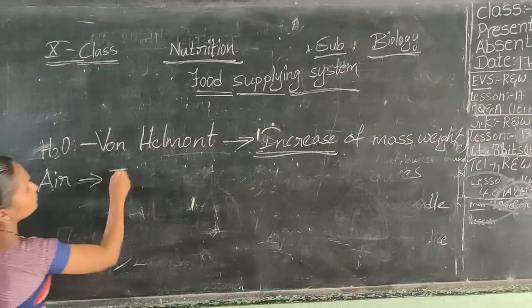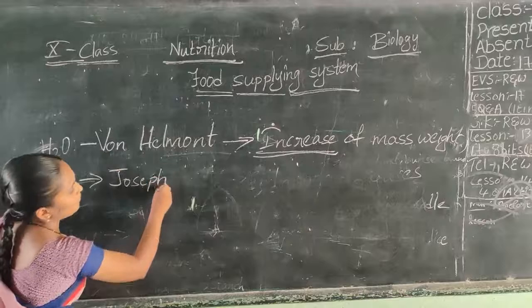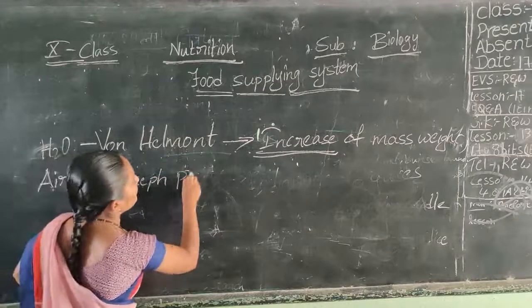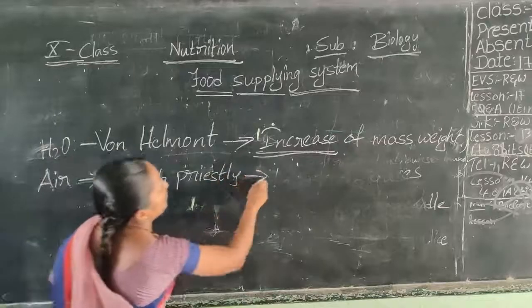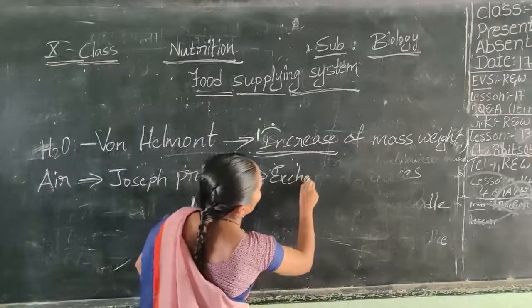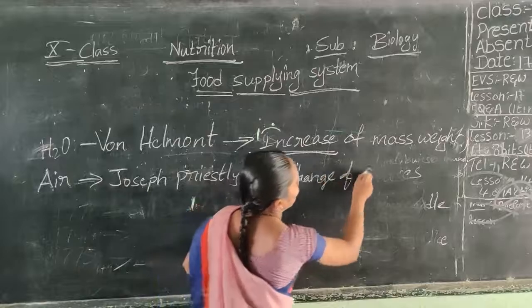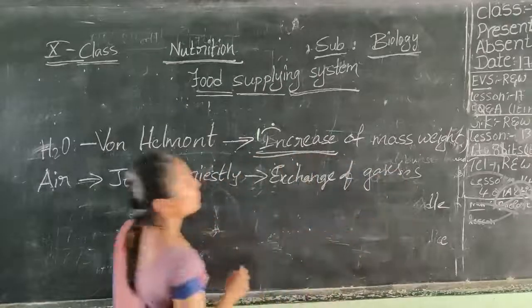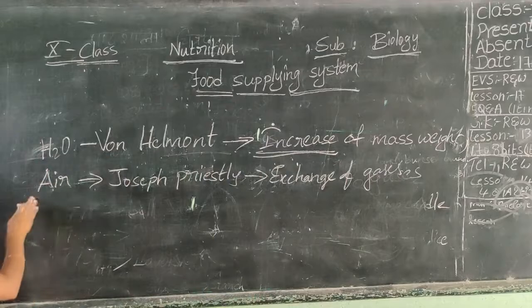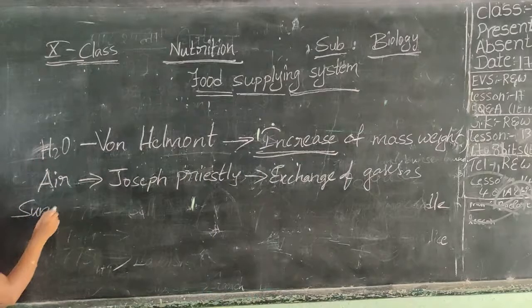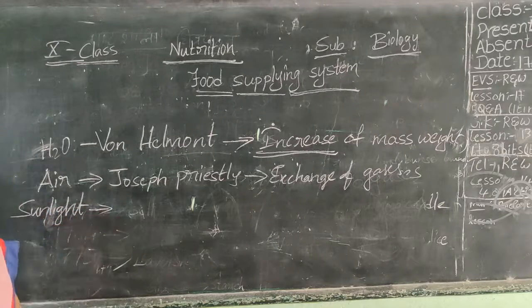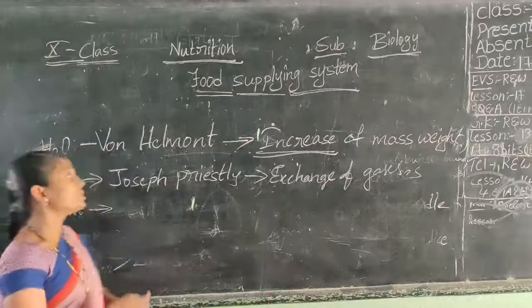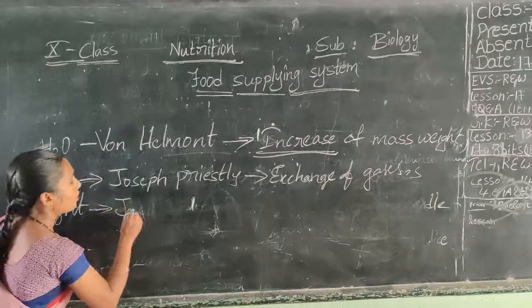Sunlight is also an important factor for photosynthesis. This was conducted by a Dutch scientist, whose name is John Ingenhousz.